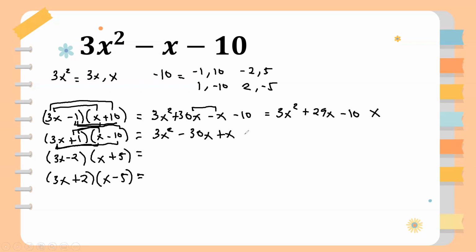Then 1 times negative 10, negative 10. Combine again the like terms. Same, since they have different signs, we will subtract. Negative 30 plus x, that's negative 29x minus 10. So, hindi ulit siya parehas dito sa original form. So, x na naman siya. Try natin itong nasa pangalawa.